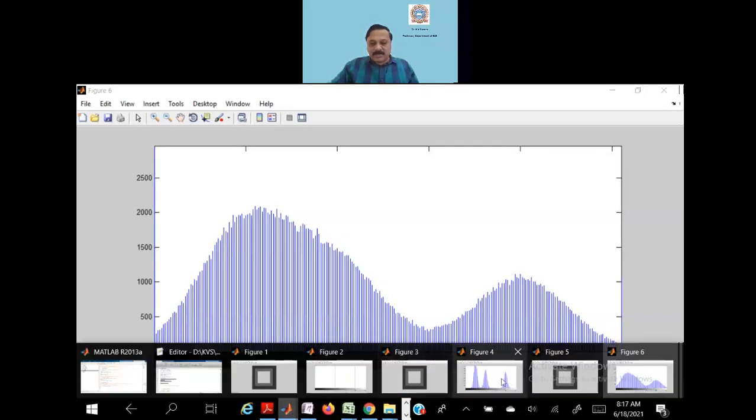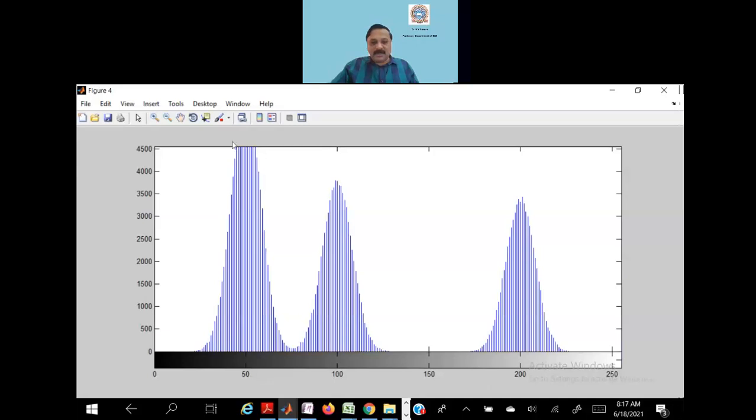This is too much noise. This was the original with noise of variance 0.001. You can notice here, this is a Gaussian distribution. So by just looking at the histogram of the image, I can say what type of noise it is.